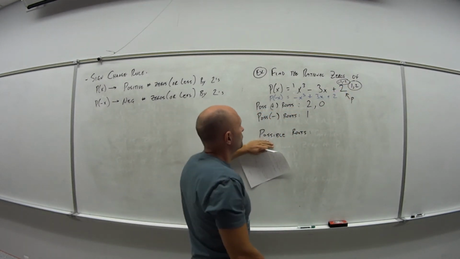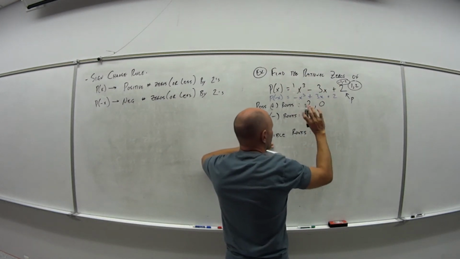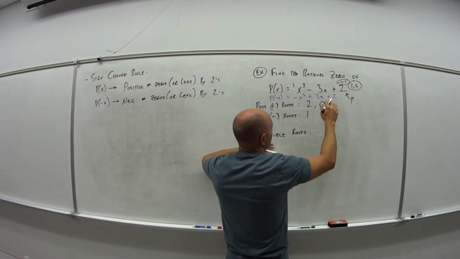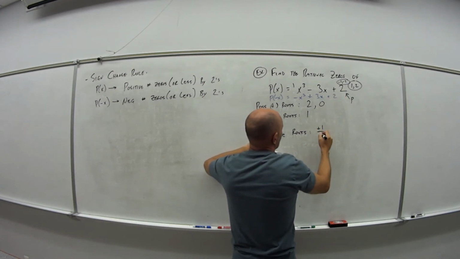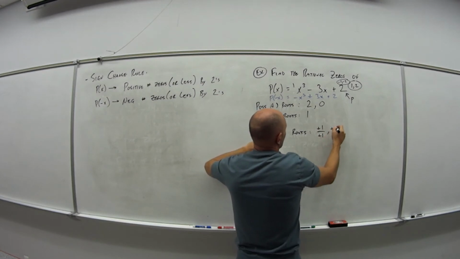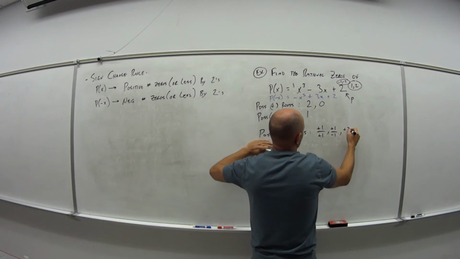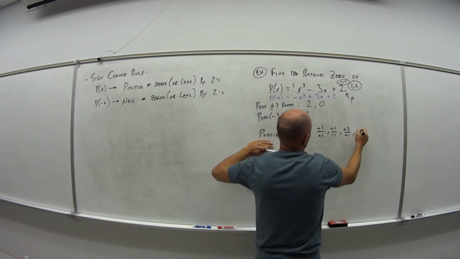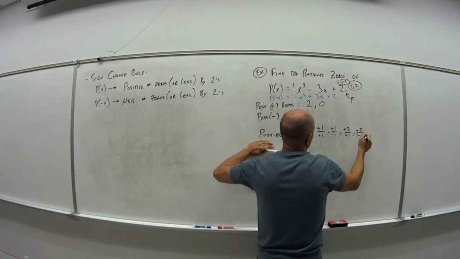And this could be negative 1 times negative 1 as well. So I have to account for all the pluses and minuses here. So I get plus 1 over plus 1, plus 1 over negative 1, and then plus 2 over plus 1, and negative 2 over negative 1.